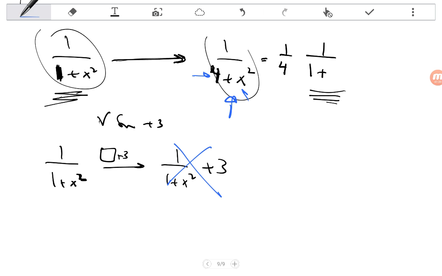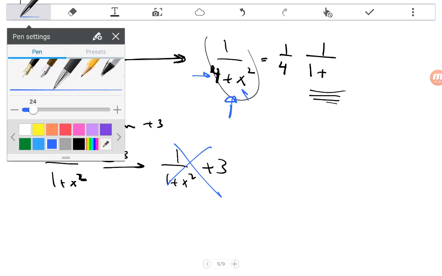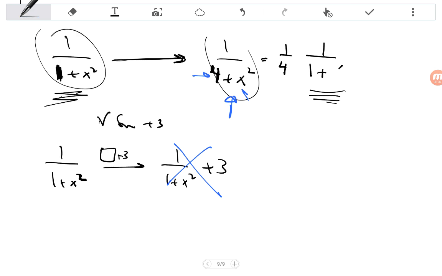Now, if I take the 4 as a common factor from the denominator, what would remain? It would be 1 plus x squared over 4. Okay? So, I can rewrite this as 1 plus x over 2 all squared.